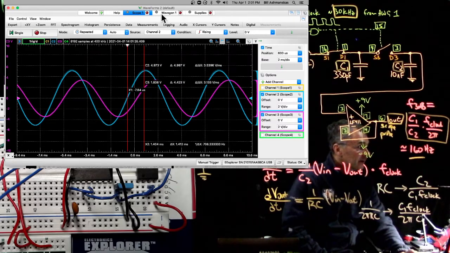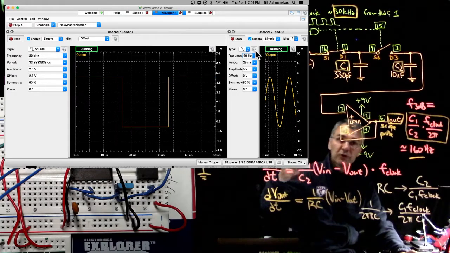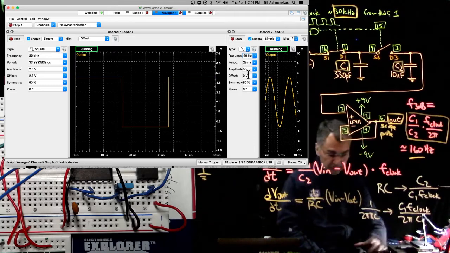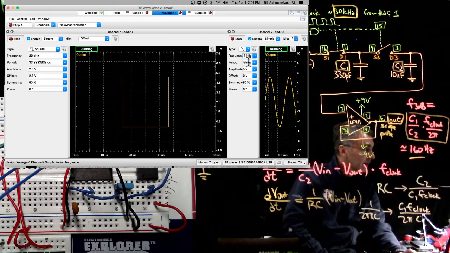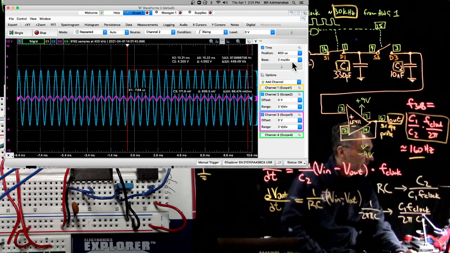Okay, then let's go up more in frequency because we expect to see this kind of 1 over F behavior. So let's go up to 1.6 kilohertz, 1600 hertz. And then we'll go over to Mr. Scope. We want to zoom in a little.